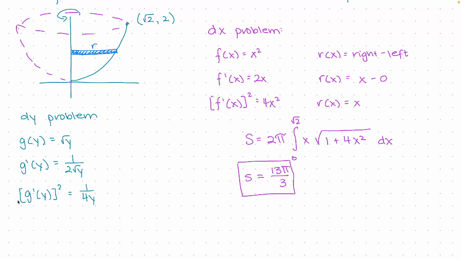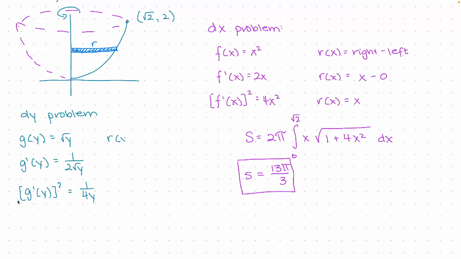Now let's look at our radius, r of y. We're still talking about the same exact picture, and the radius is still going horizontally. So we're still going to measure right minus left. What do you think we're going to put for the right function this time?